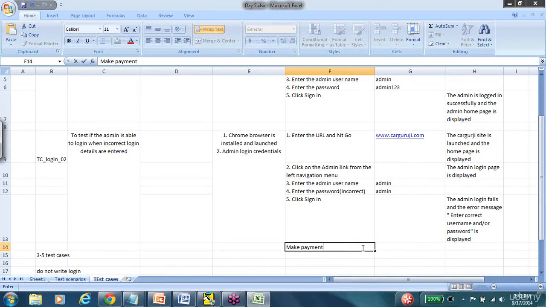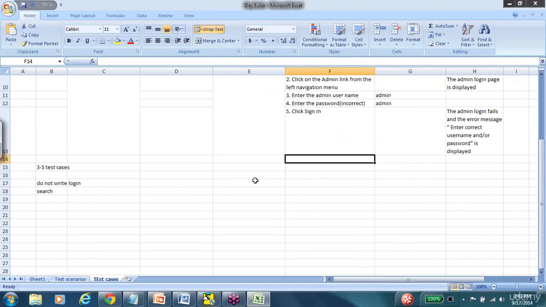The last step was make payment, and then the expected result was that the payment is made. Now steps like this are not, I wouldn't say incorrect, but are not very productive as you would expect them to be, because when you say make payment, it's not like in a store where you just give a credit card and it's done.